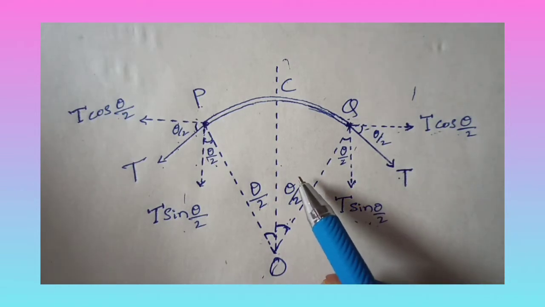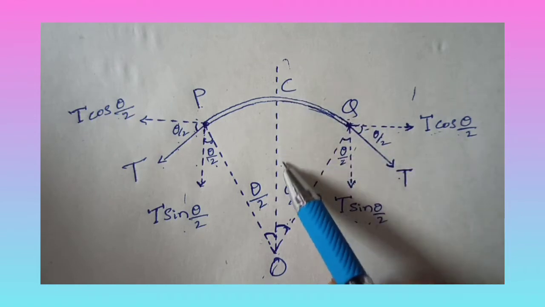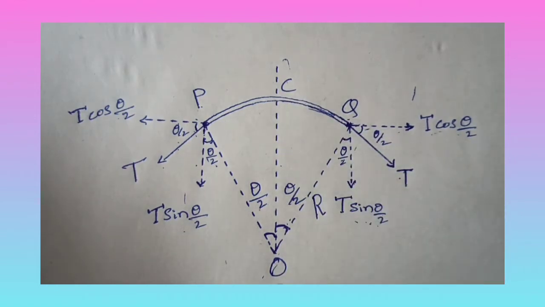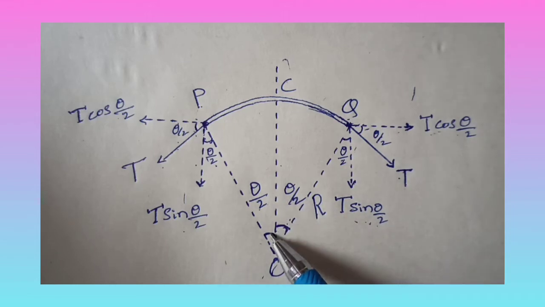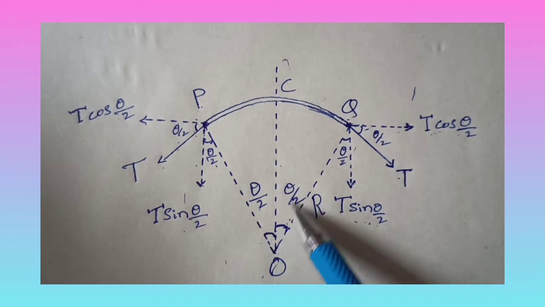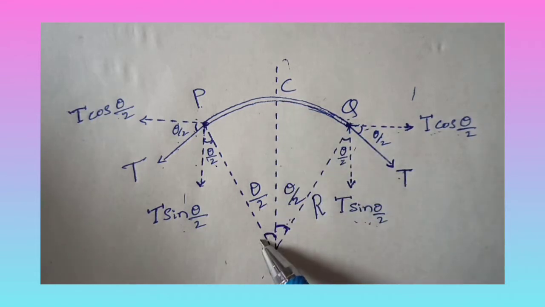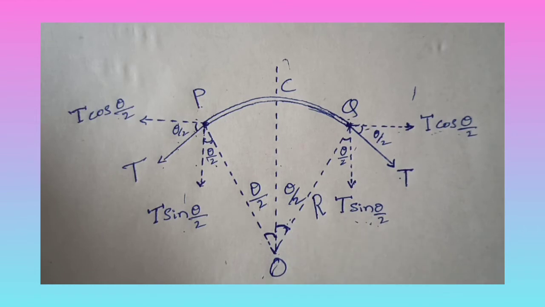Here if we bisect this by drawing a line at the center CO, the angle becomes theta by 2 and theta by 2, because the whole angle is theta.